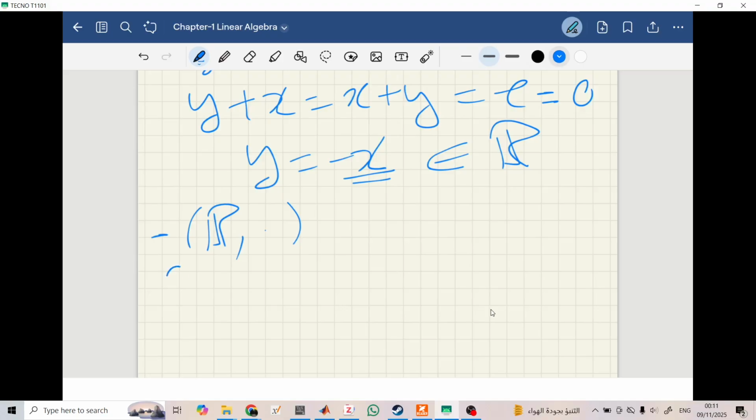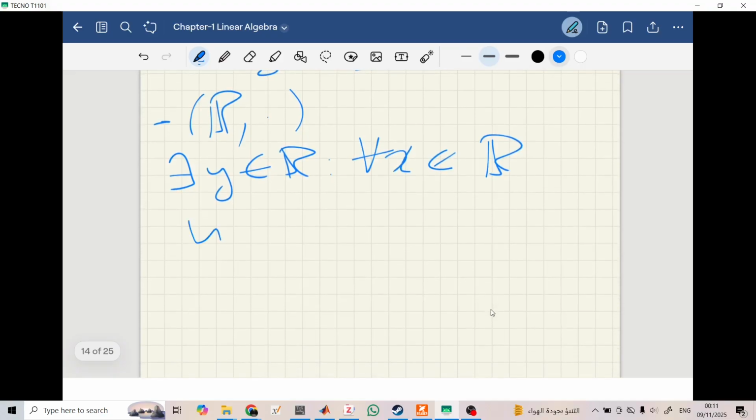Okay, so the second example that we took: R, and the operation is the product. So again, there exists a y in R such that for all x's in R we have y dot x equals x dot y equals the neutral element. What is the neutral element for the product? It's 1, right?